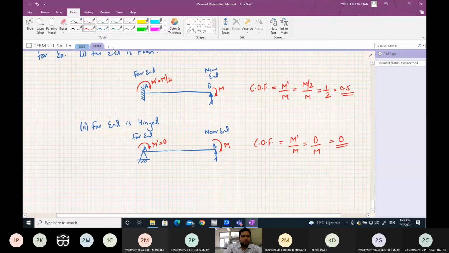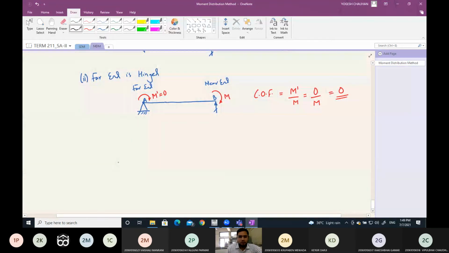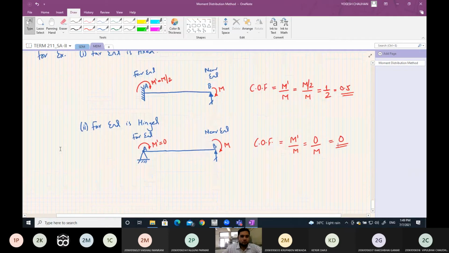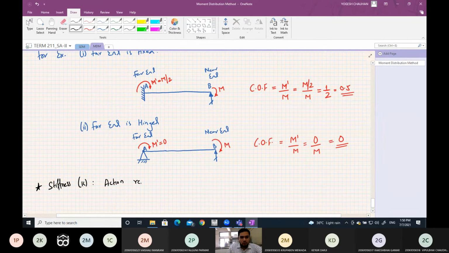Now another term is stiffness. It is action required for unit displacement.